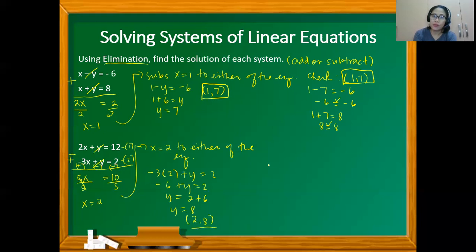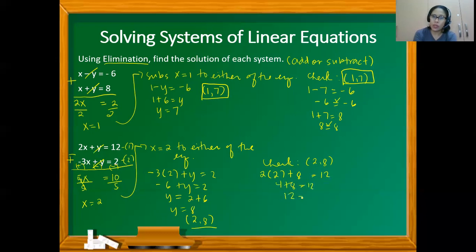So we have to verify if the solution (2, 8) satisfies both equations. Substitute 2 and 8 to x and y respectively of each of the equations. Let's begin with the first equation. 2 times 2 plus 8, is it equal to 12? So we have 4 plus 8 equals 12.